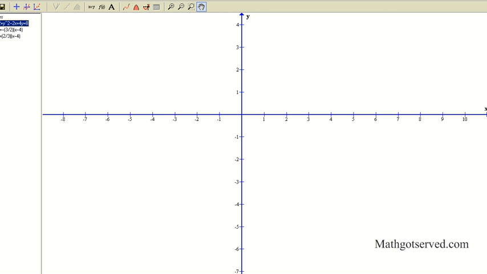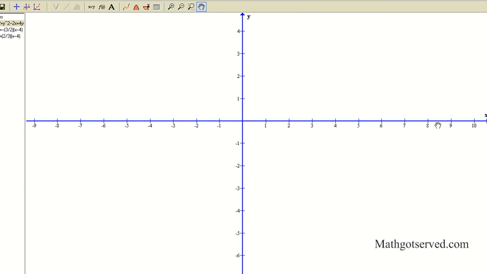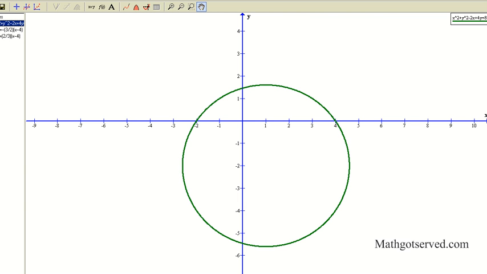This is the original function that we are asked to graph, x squared plus y squared minus 2x plus 4y equals 8. This is a graph of a circle. If we complete the square, you get to see that it's actually the graph of a circle.